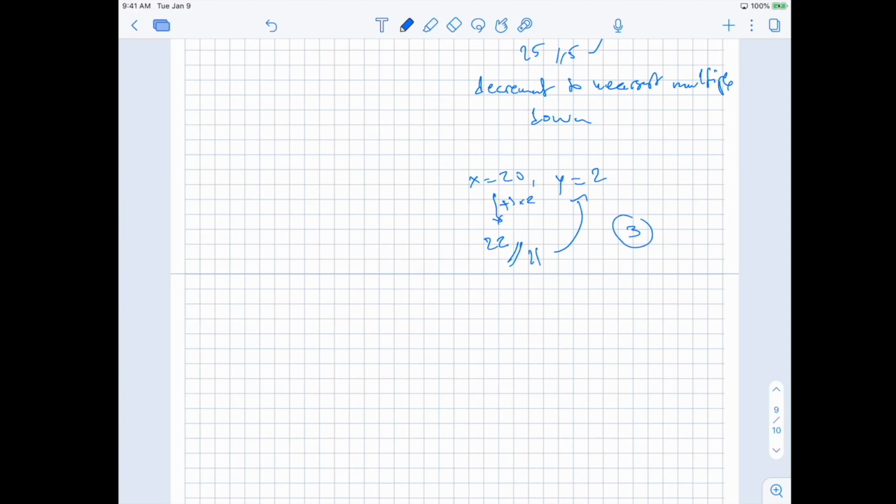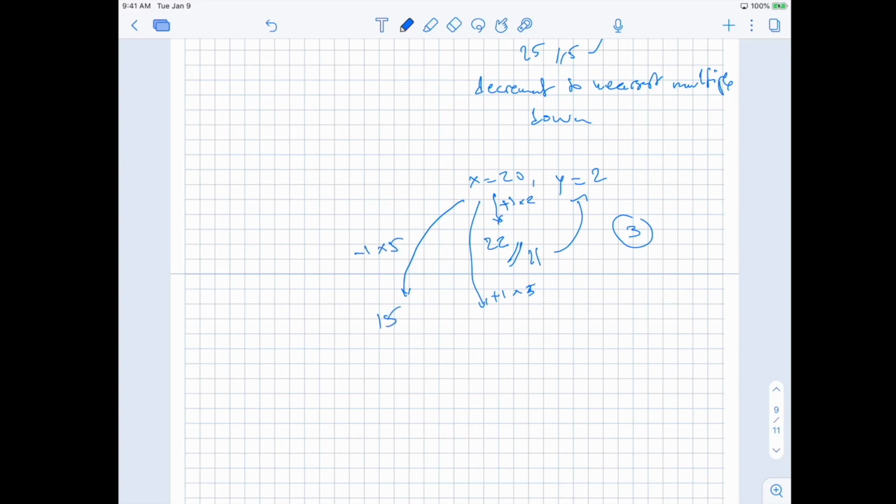Okay, another potential one is you could increment by 1 to the nearest multiple of 5, so you need to do it 5 times, or you could decrement to the nearest multiple, which would be to 15, which in that case would be minus 1 5 times, so both are the same.